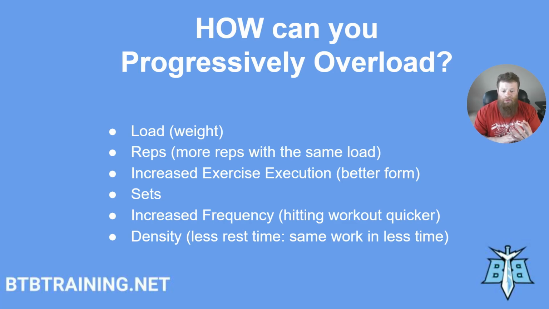If you were to complete those same 3 sets with the same weight and reps in, let's say, 12 minutes or 10 minutes, you are getting the same lifting stimulus, but that stimulus is being placed in a shorter period of time, and therefore the density of the training is higher, and that in itself could be another form of progressive overload.